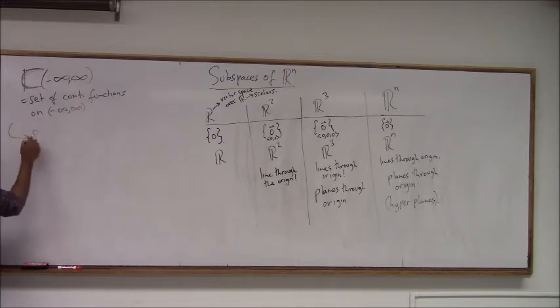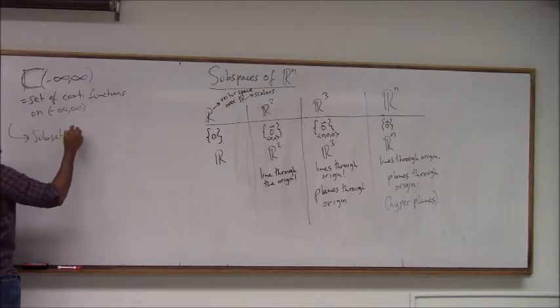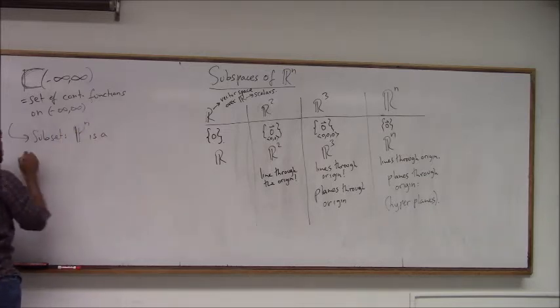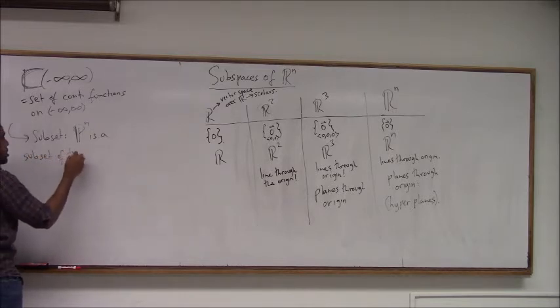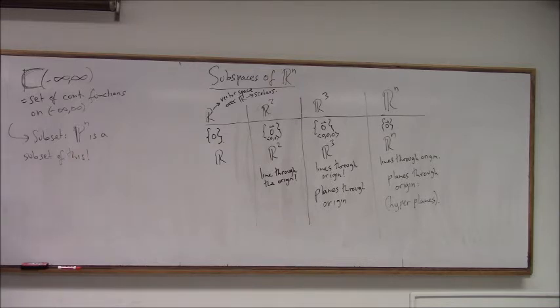If I take a subset of that, notice that Pn is a subset of this. Right? So look at all the continuous functions. Ignore everyone except the polynomials of degree n or less. Those things form a subspace.